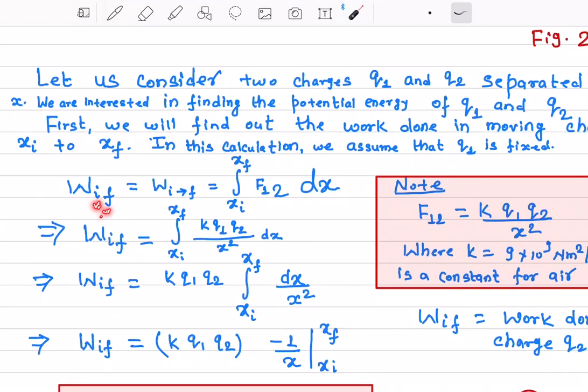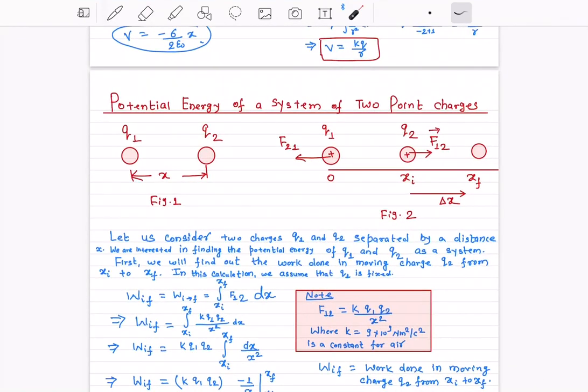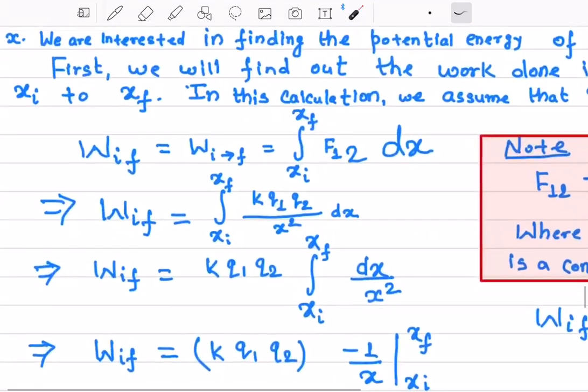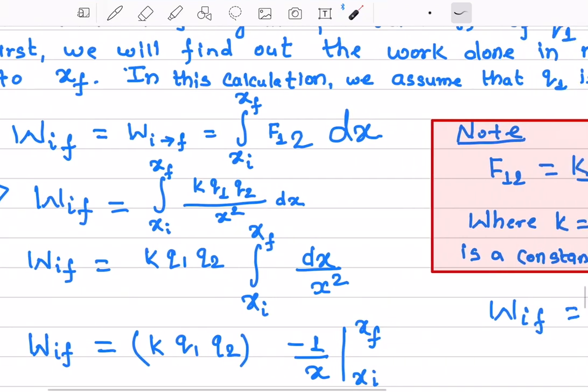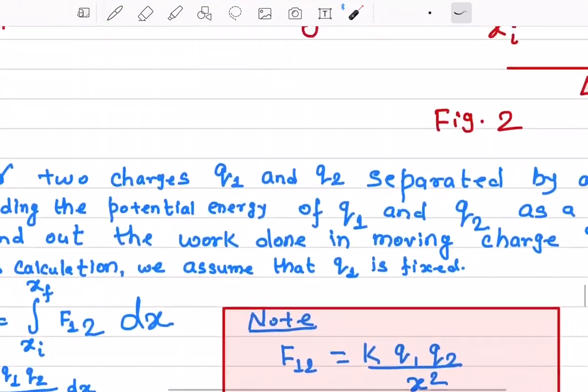WIF is the work done in moving charge 2 from the initial position to the final position, from xi to xf, of F12 times dx. Here the force and the displacement are in the same direction. If we moved this charge in some other direction, then you would have to take the components, but for simplicity, we're just moving in the direction of the force.